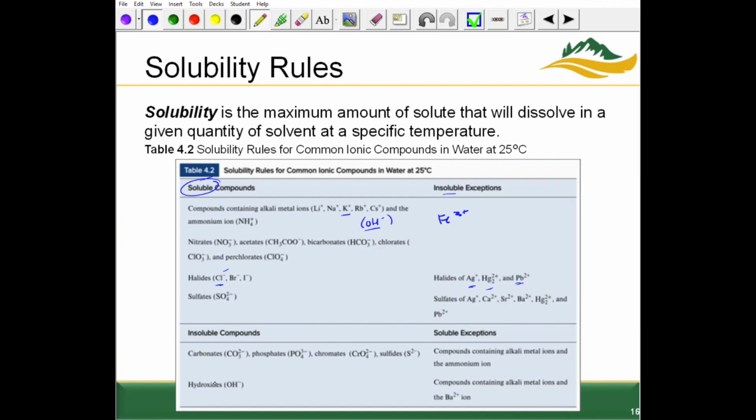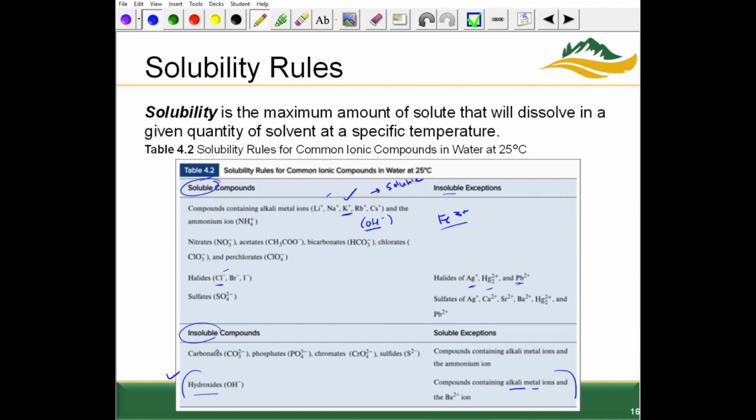Now let's look at this portion here in our solubility rules. For hydroxides, these are generally insoluble, except with compounds containing alkali metal ions like potassium, therefore proving that hydroxide and potassium are still going to be soluble.